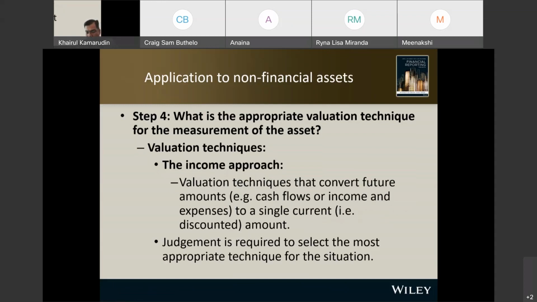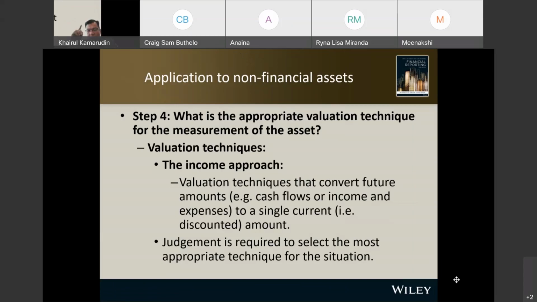If you cannot use your market approach or cost approach, another way you can do is by using the income approach, where we're going to estimate the cash flow. From there, what will be the income generated from using that asset, or cost saved from using that asset.